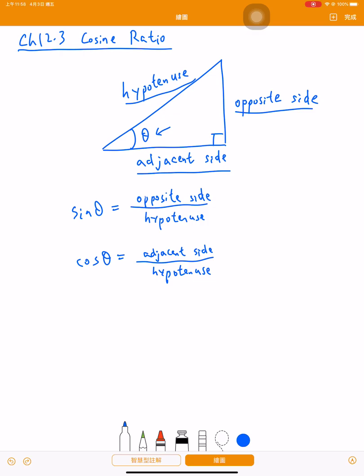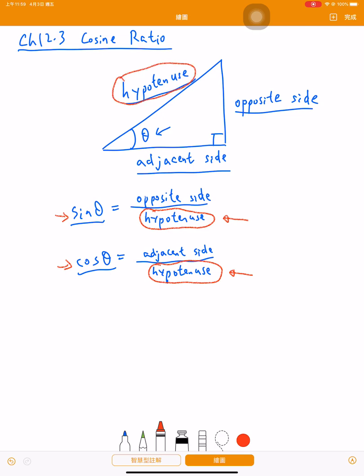First of all, compared with the sine theta we learned last session, you can see both of them have the hypotenuse, right? And the position of it is also in the denominator, right? So you can memorize that for sine theta or cosine theta, both of them involve the hypotenuse.